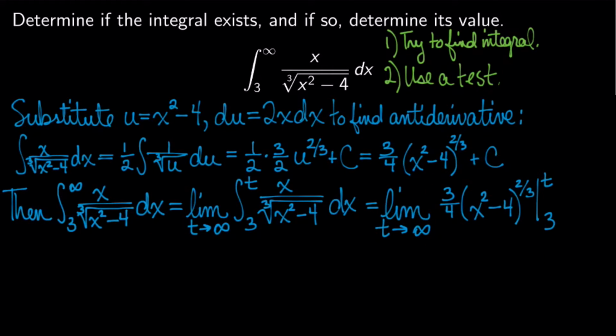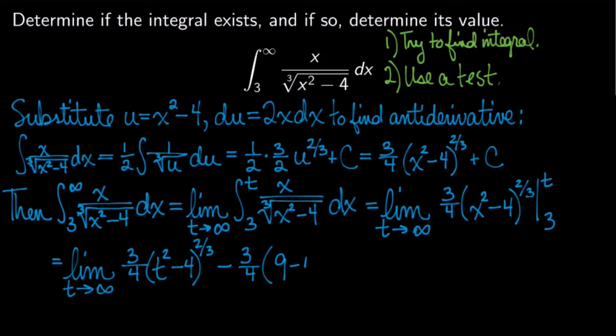This is the antiderivative, and then I have it evaluated from 3 to t. Next, I need to actually do the evaluation. So notice how this limit is still written here. If you don't have the lim still, it isn't right. So here is the expression with t substituted, and here is the expression with 3 substituted.